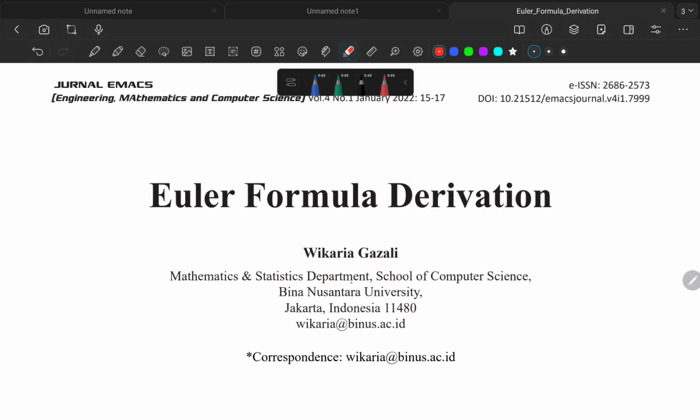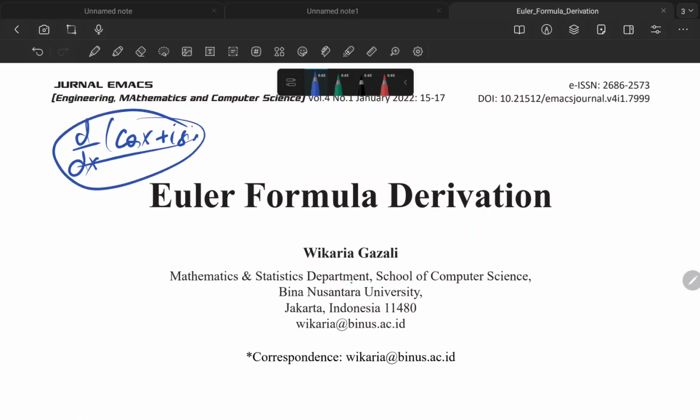So we are going to use that. It's not about the derivative of cos x plus i sine x. There is another proof using derivatives, but I'm not going to tell you that because that is kind of easy.